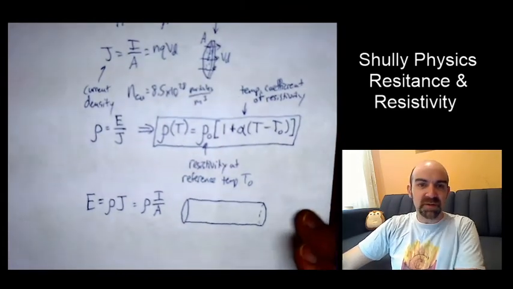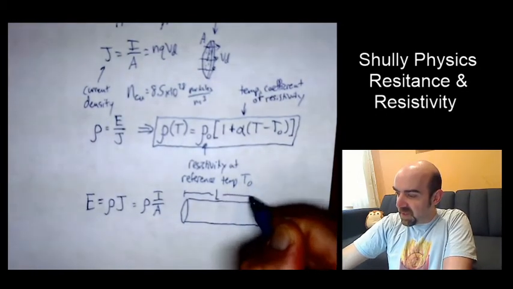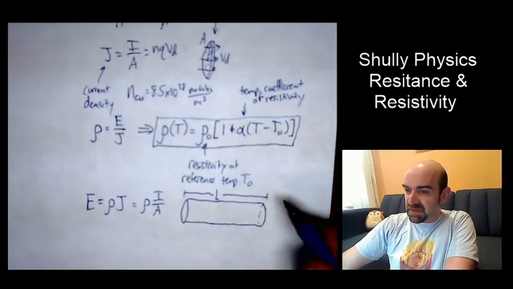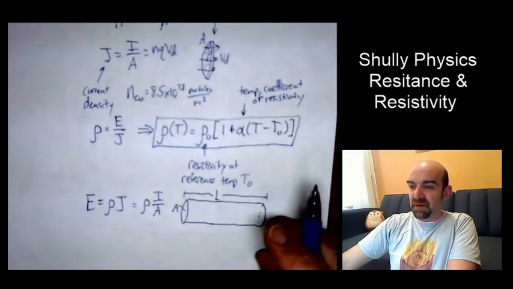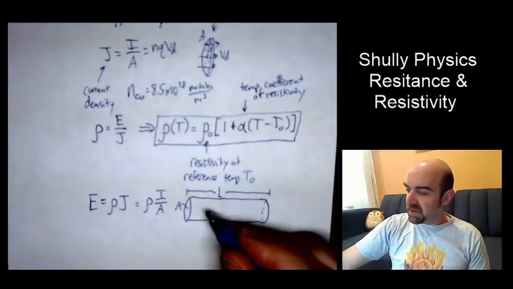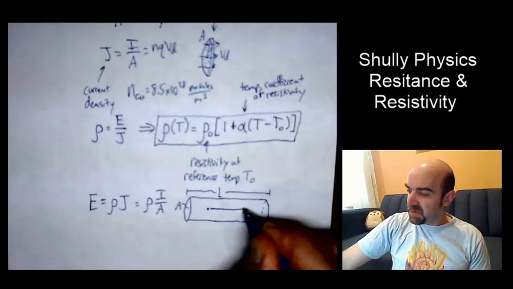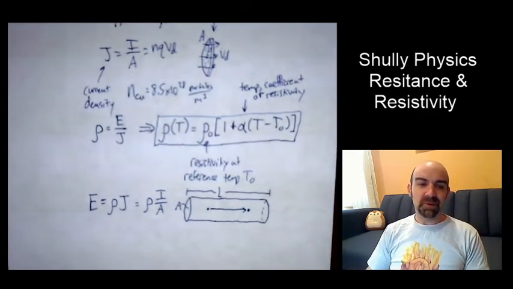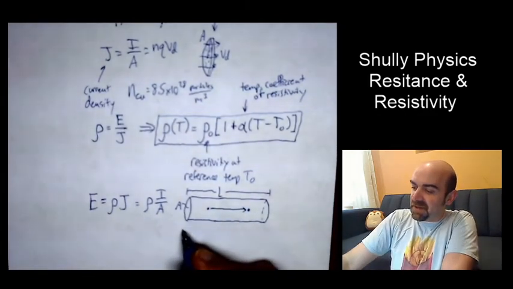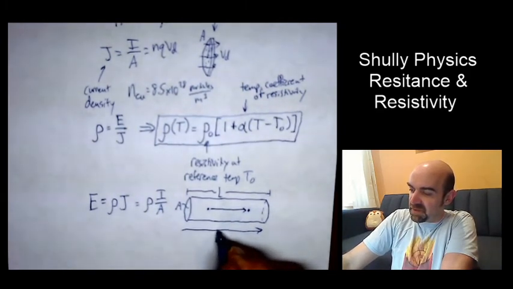Okay, so there's our segment of conductor once again. And let's define it. It has a length, capital L. It has a cross-sectional area, A. All right. Now, let's take an electric field applied within this conductor.